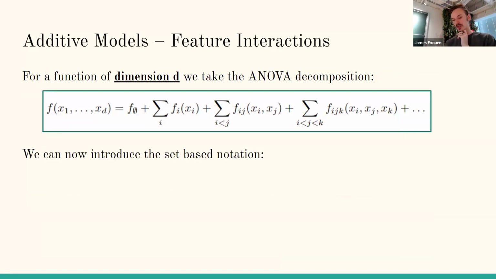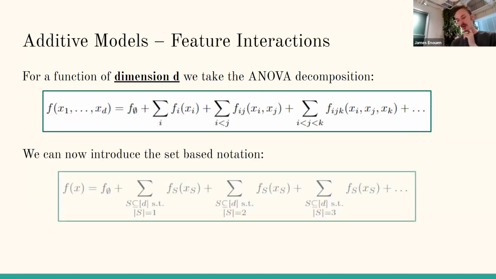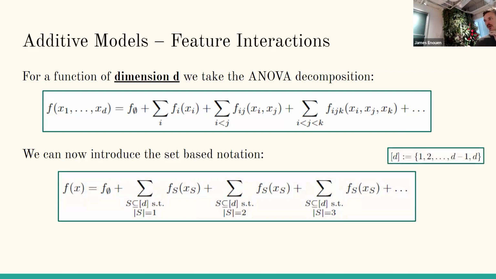So then let's try to change the notation a little bit to a set-based notation. You can see the order doesn't matter on ij or ijk for the 2D and 3D terms. So we can just consider it as a subset of the features. And we can see we added first all the one-dimensional subsets, then the two-dimensional subsets, then the three-dimensional subsets. And we have a function for each of them.